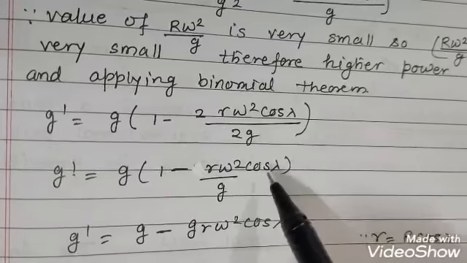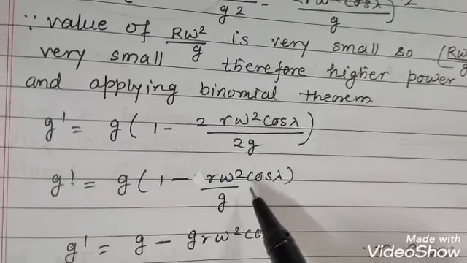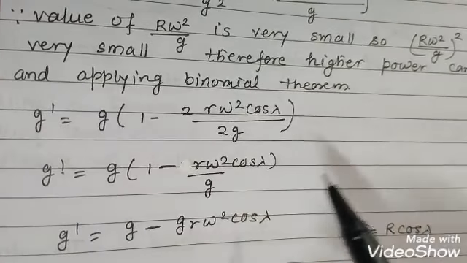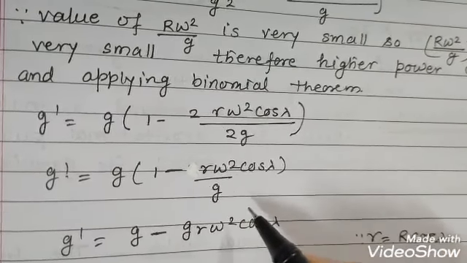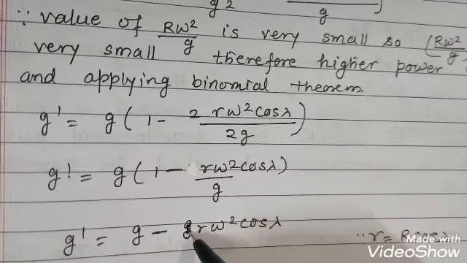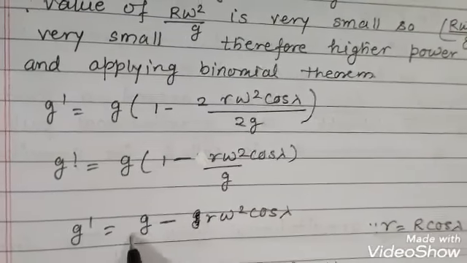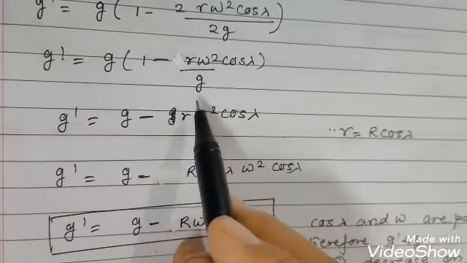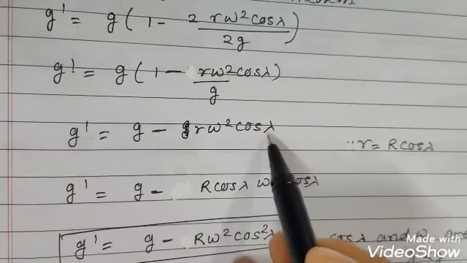Now if we take this g inside, g and g cancel, and g dash equals g minus r omega square cos lambda.